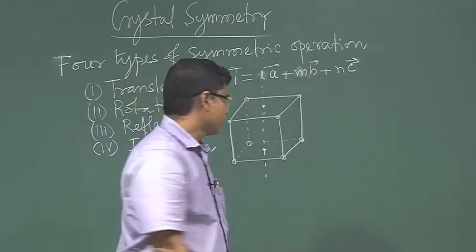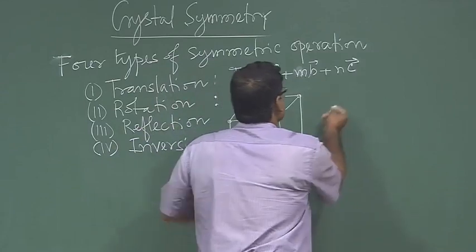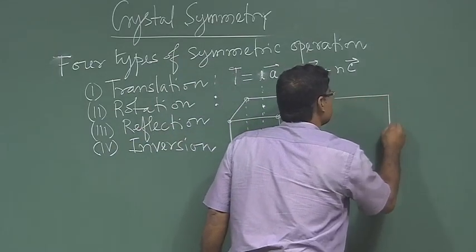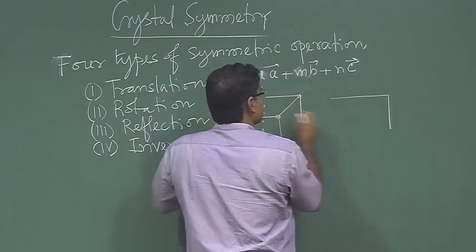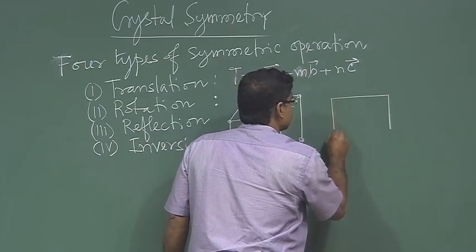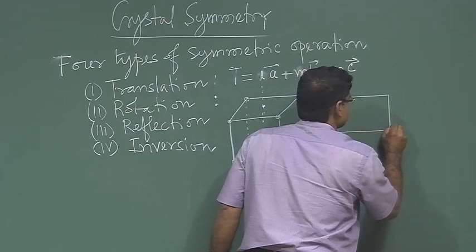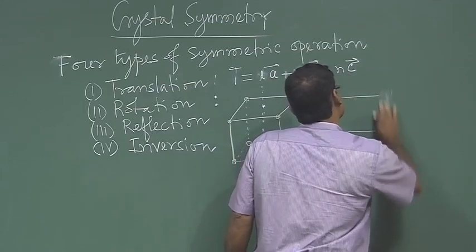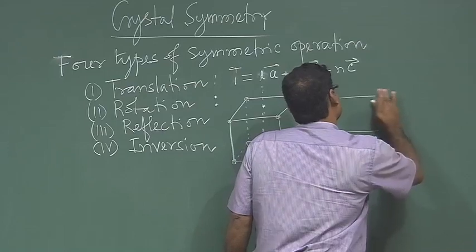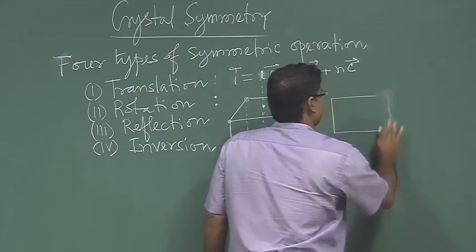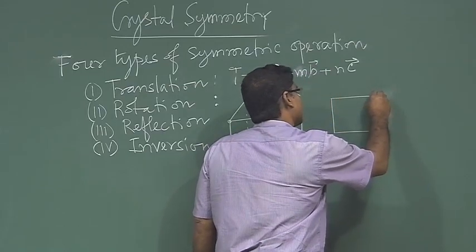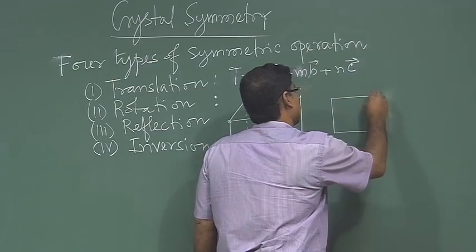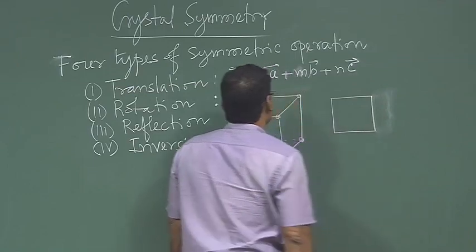so what will happen? Just if I draw in 2 dimensions, just this face, let me make it a square. Okay.